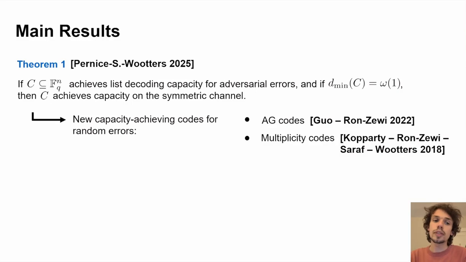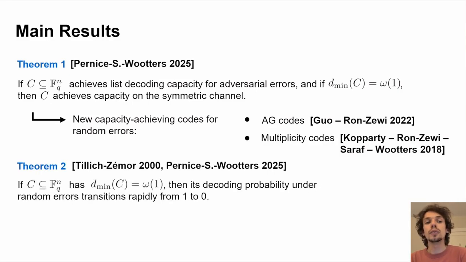Now, in terms of proving theorem 1, theorem 1 actually follows from our theorem 2 here, which says that if you take any linear code C that has super constant minimum distance, then the probability of decoding success for C will transition very sharply between 1 and 0.